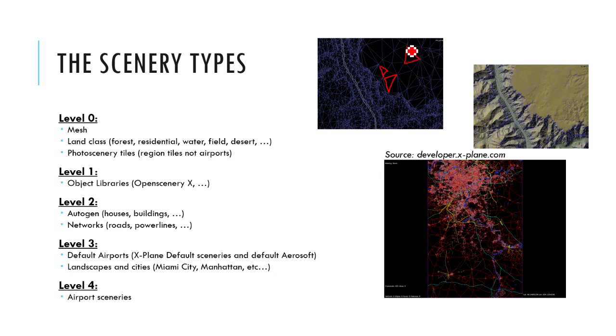For the triangle, it will set up a zone of also the land class. So here, for example, if it's desert, it will show desert land class. So X-Plane will know that, for all those three triangles, it is set as desert, and so it will understand that it's desert and draw the desert texture, the default one from X-Plane.